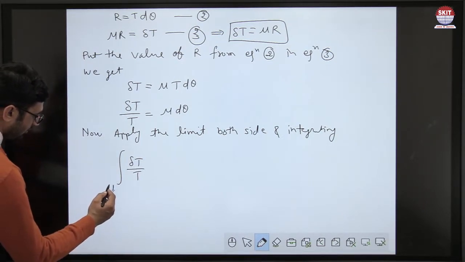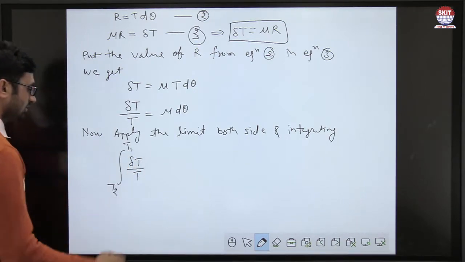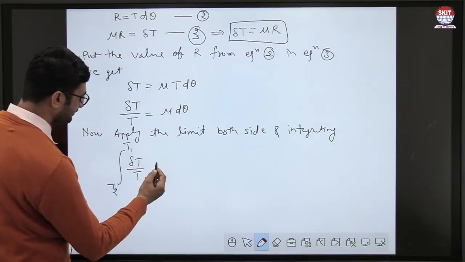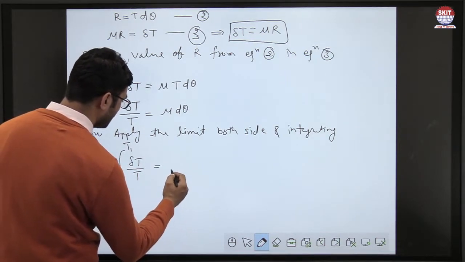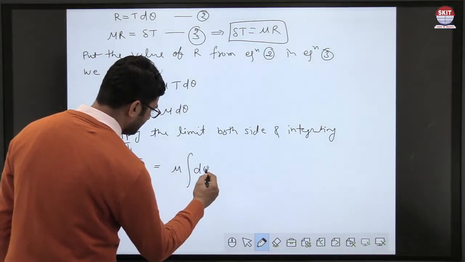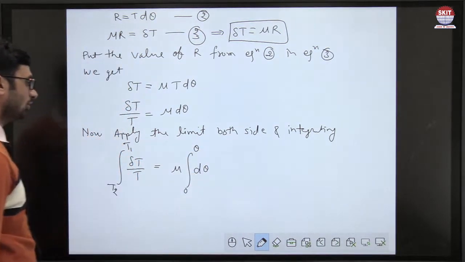The lower limit of tension is T2 and the maximum value of the tension is T1 in the belt. During the power transmission, mu is constant, so the limit of d theta is 0 to theta. This is the angle of contact.